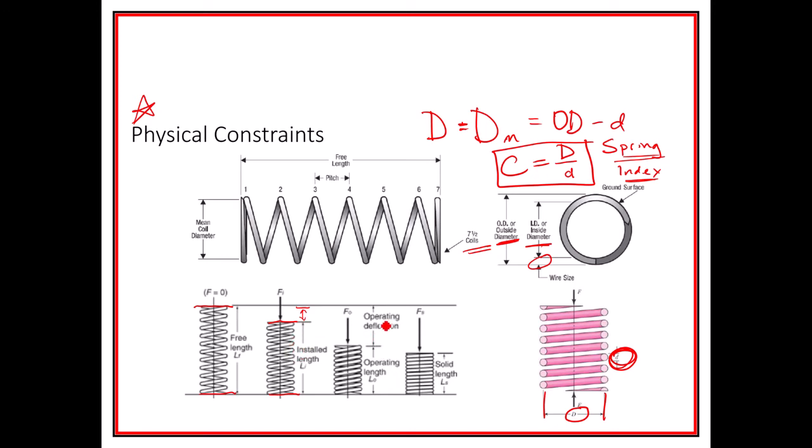And then you're probably going to have an operating deflection, like it's put into service and deflects even more. So here's the operating range, going between the installed length and while the thing is working, fluctuating maybe inside there. And then you could go down even further to the solid length, and that's when the wires are touching each other, right?